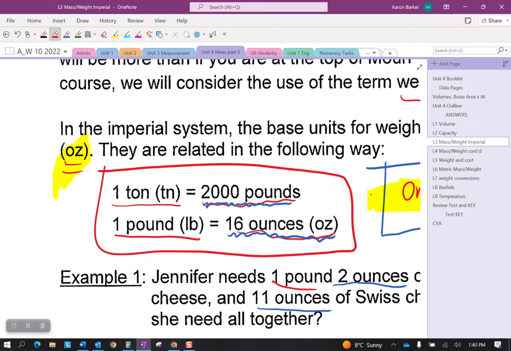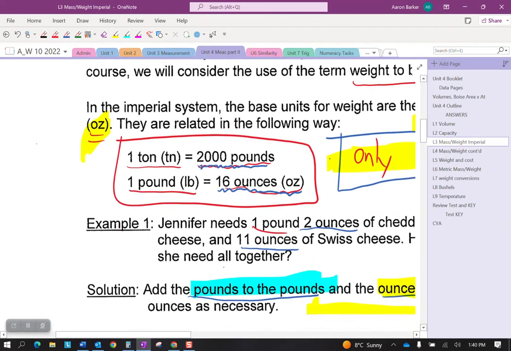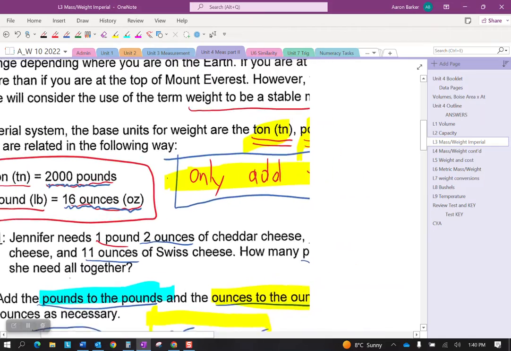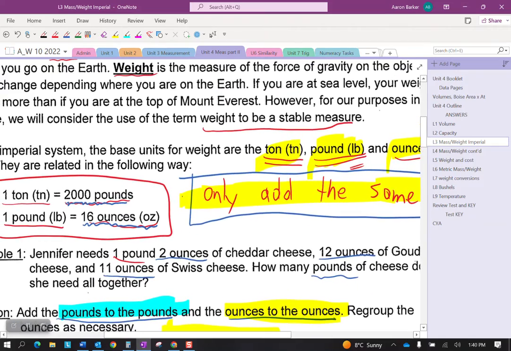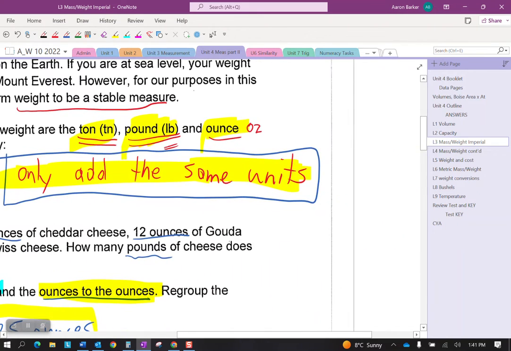So first example then: Jennifer needs 1 pound, 2 ounces of cheddar cheese, 12 ounces of Gouda, 11 ounces of Swiss. How many pounds of cheese does she need altogether? So it's a trick question, right? When we say how many feet, when you measure something, you're actually measuring feet and inches, even though they don't say that.